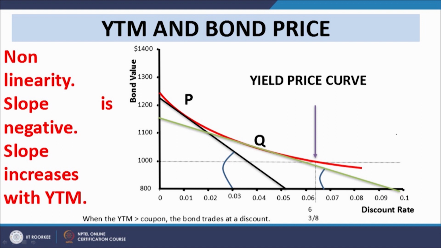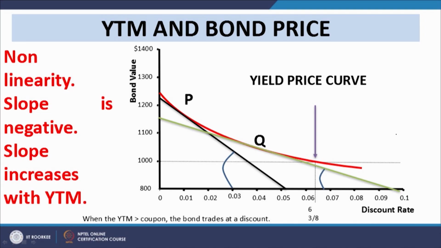Please look at this figure. This figure is the plot of the bond's price against the YTM of the bond. The YTM is along the x axis and the price of the bond is along the y axis, and the red curve represents the plot of the given bond's price against the YTM.